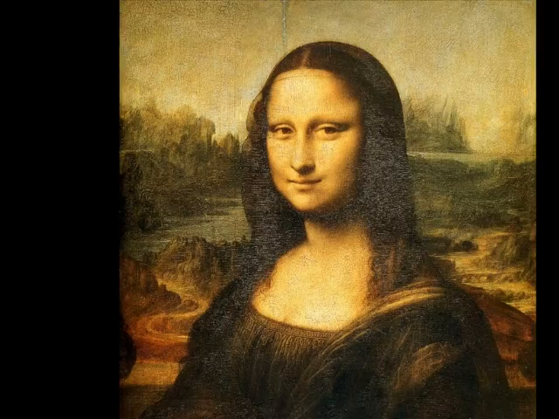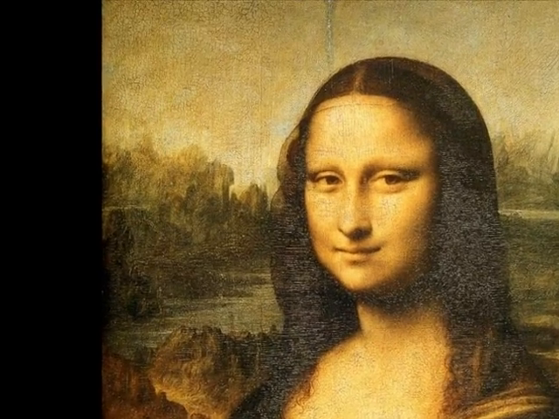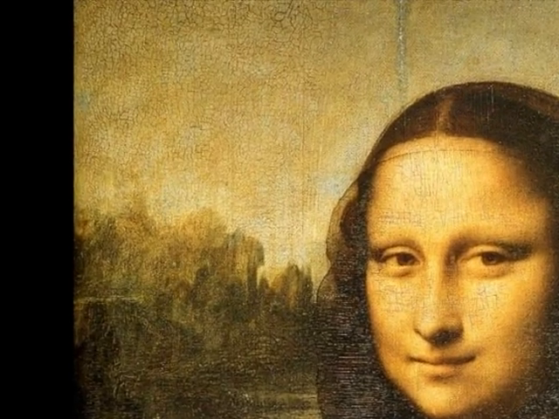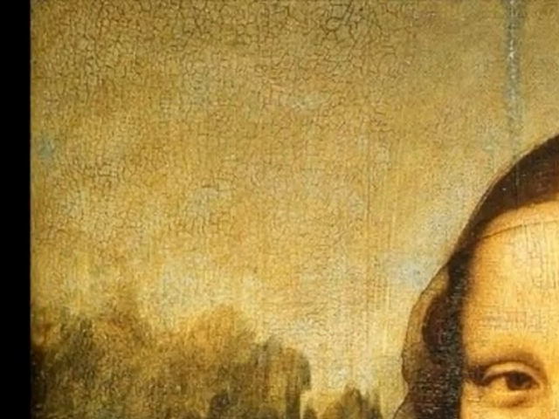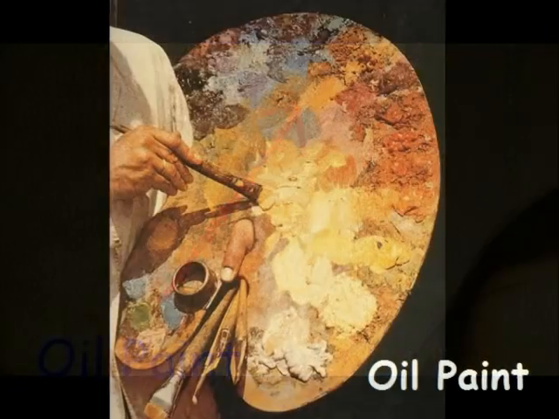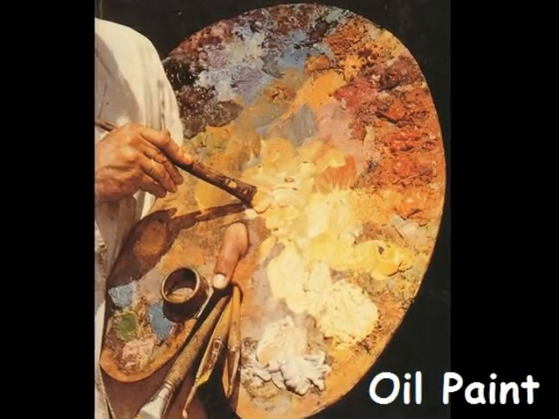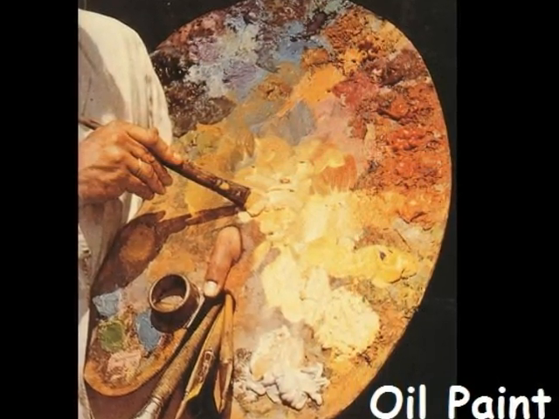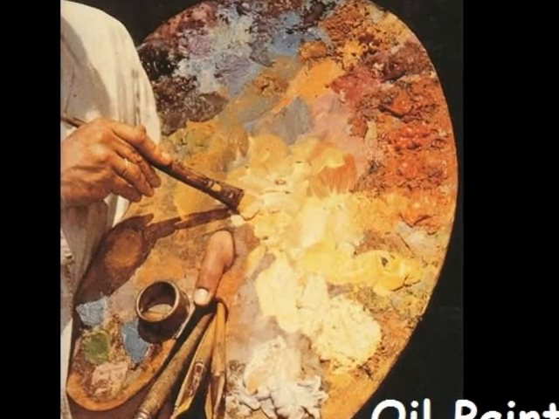Let's take a closer look at the painting, at the paint Da Vinci used. This paint is known as oil paint. Oil paint was made by mixing colour pigments with oil.